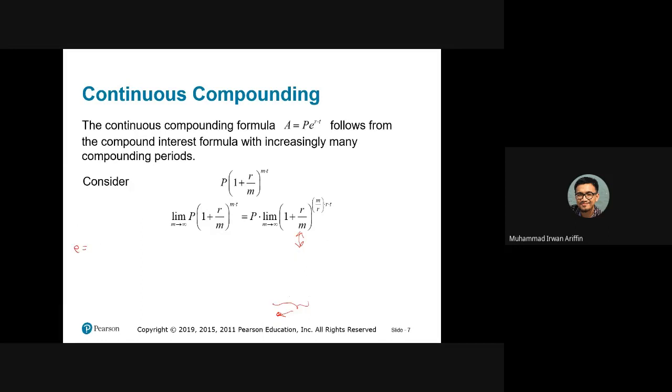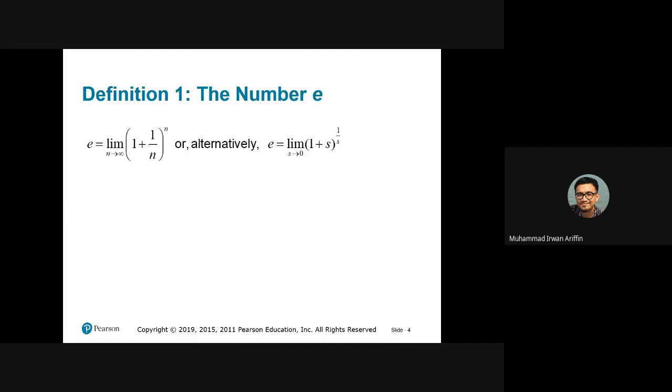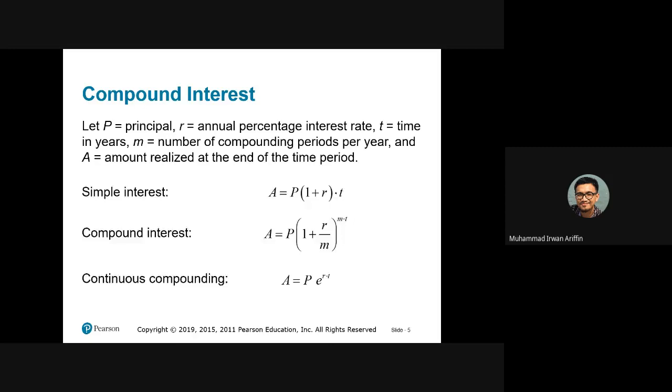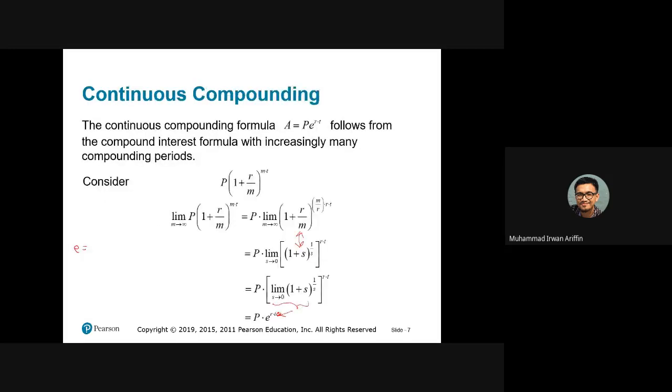It is in the previous slides. This is the alternative: we simply replace S with 1 over N here, and similarly we replace R over M with S. That's how we get the continuous compounding formula from the compound interest formula.